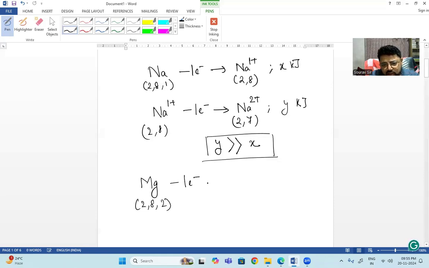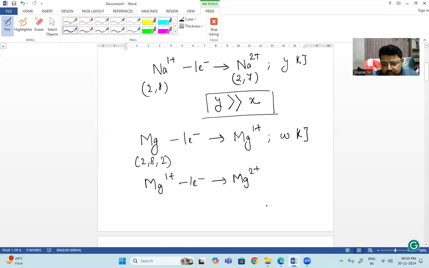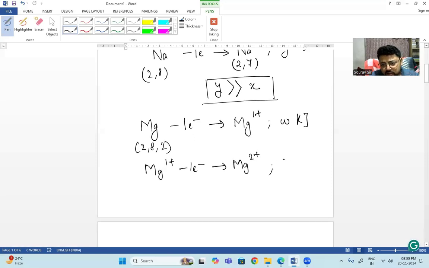After releasing one electron, it becomes Mg+1. Let this be W kilojoules. Now Mg+1 will release another electron to become Mg+2. Let this be U kilojoules. So from 2, 8, 1 it will become 2, 8.